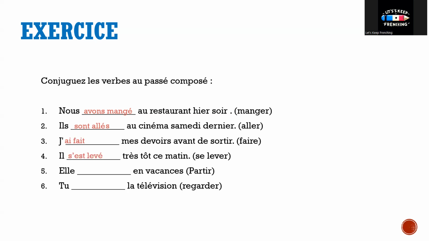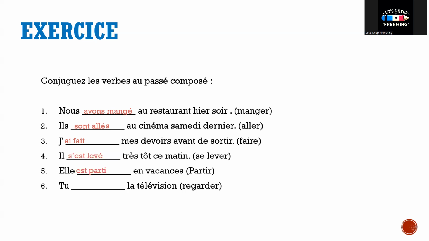Okay, next one. Elle en vacances. Le verbe partir. So partir, to leave, is a movement verb. So this verb needs to be conjugated also with the auxiliary être. Donc, elle est partie.